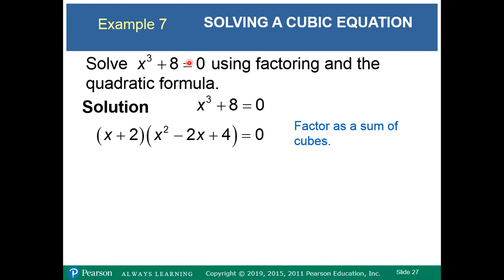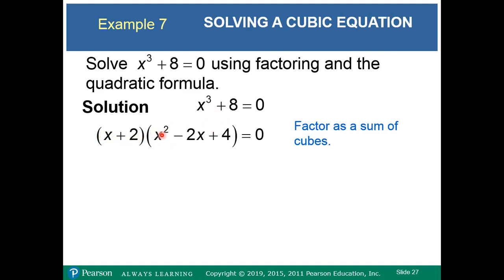This is the sum of two cubes, so it's going to be x plus 2 times this. This is how we factor a sum of cubes. It's a special formula, remember?